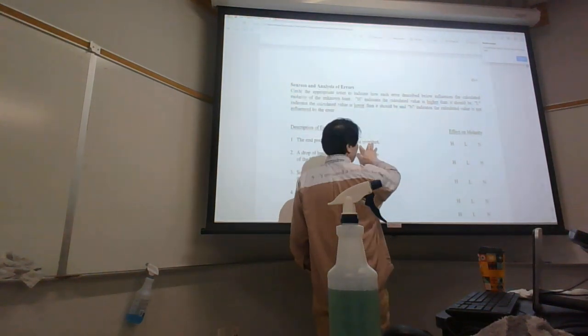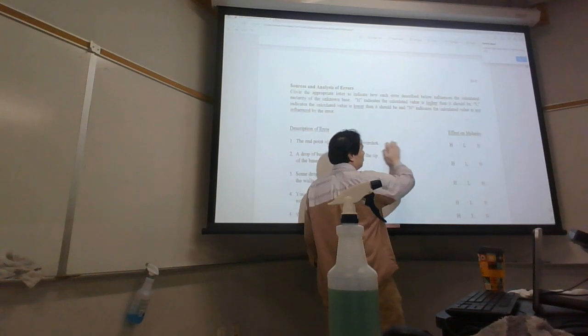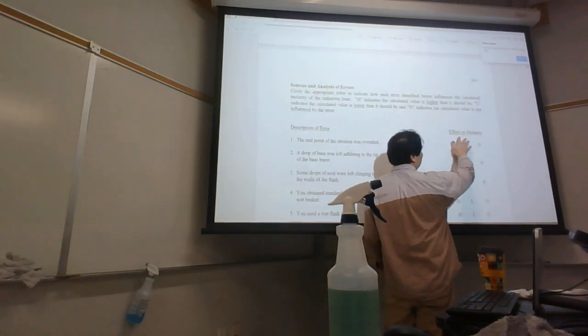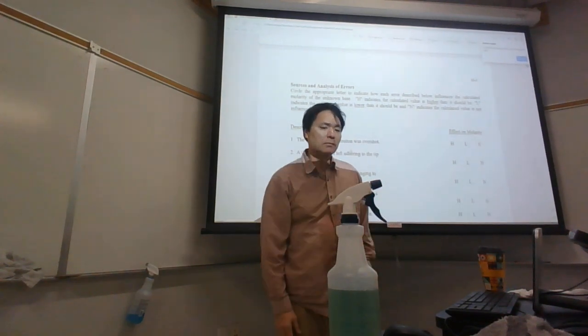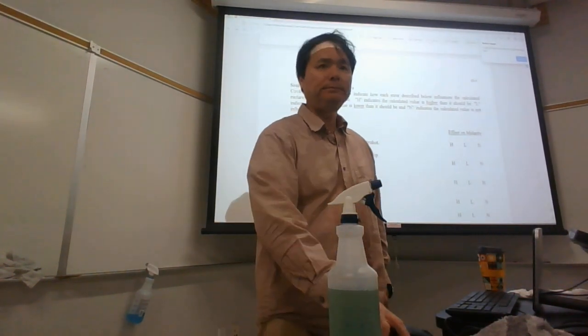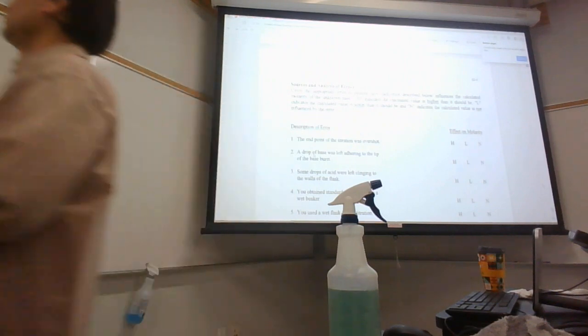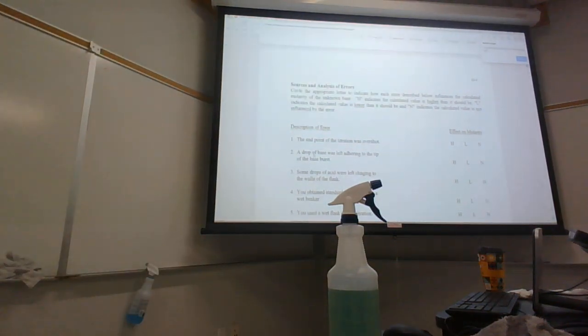But if we overshot the titration, what effect will it have on the molarity calculation? The molarity of sodium hydroxide, we calculated based on x.xx milliliters of HCl standard solution.